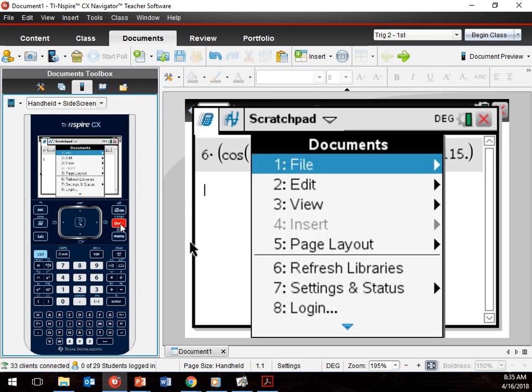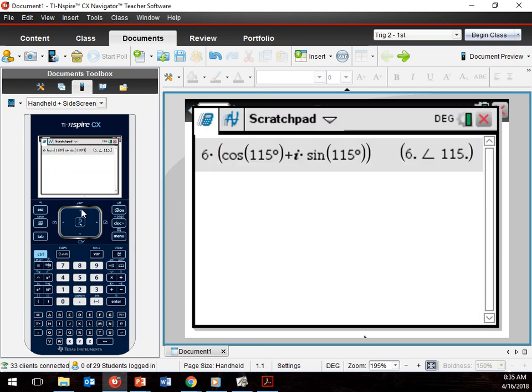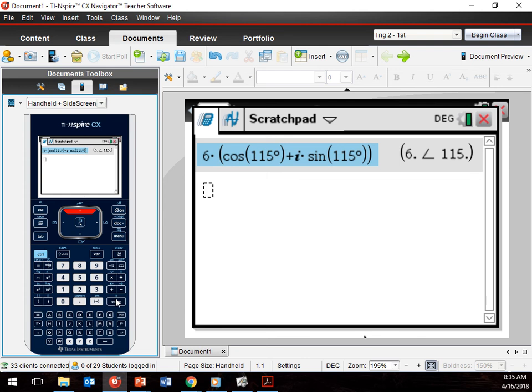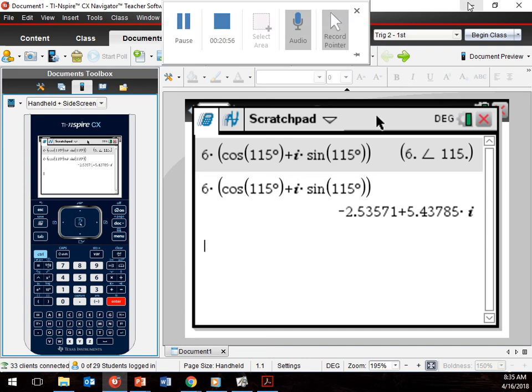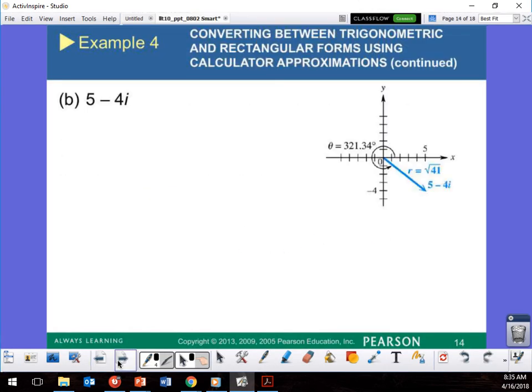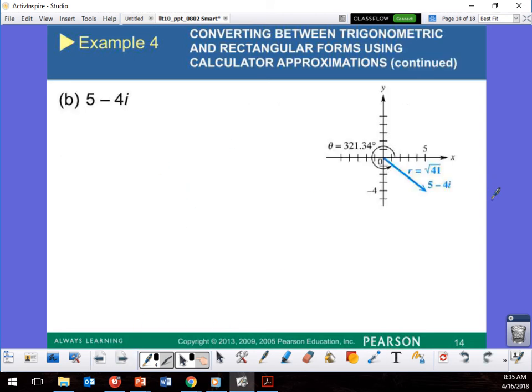Now let me go back and change the mode. Okay, so it has to be on rectangular. It will do everything right there for you. That's all you have to do to do that one. That's the answer. That's it.